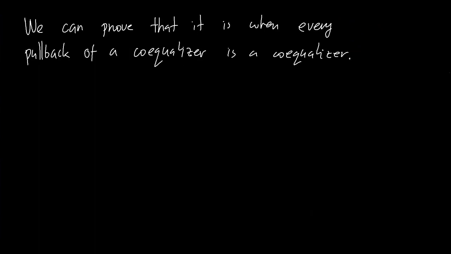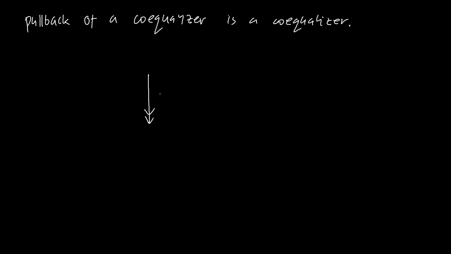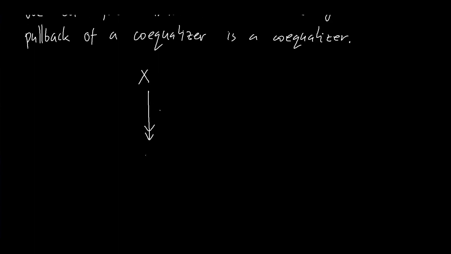Now, in the category of sets, if I've got a surjective function, let's call this q, and I have any other function here, maybe h, and I take the pullback.